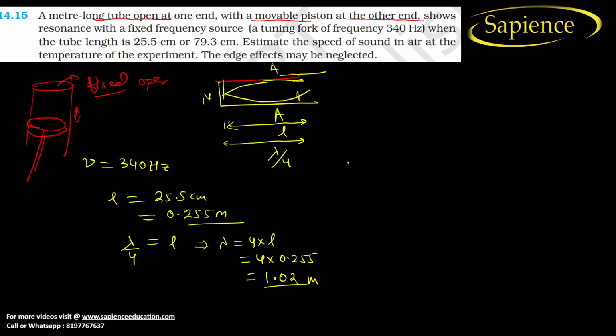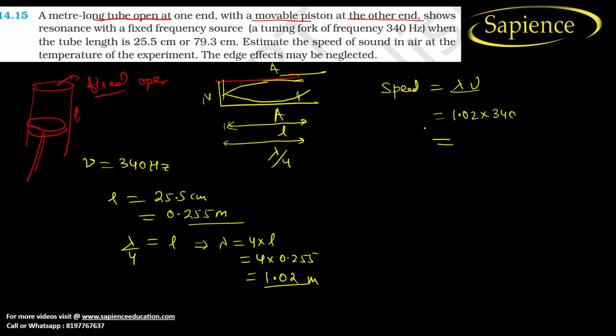Now what we want to find is to estimate the speed of sound in air. So we know that speed is equal to lambda into frequency. So lambda is 1.02 into frequency 340.